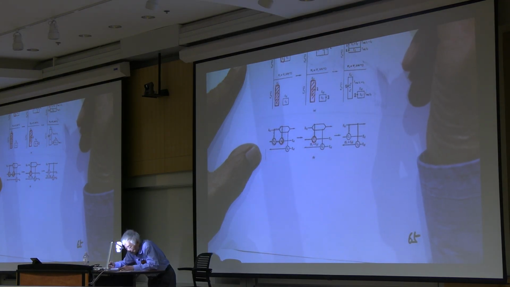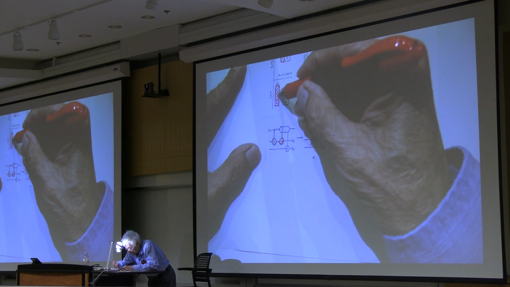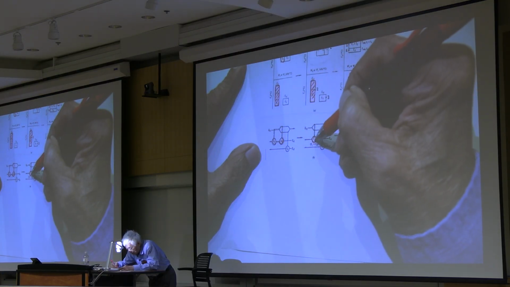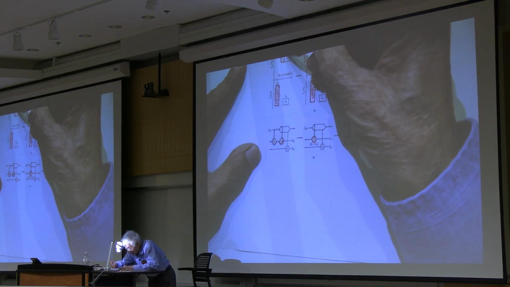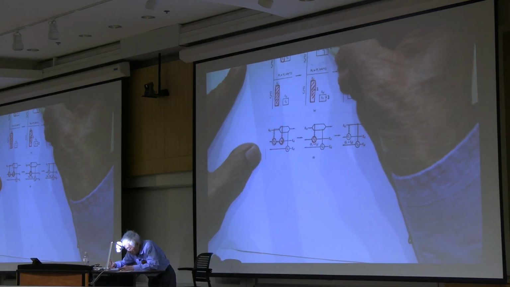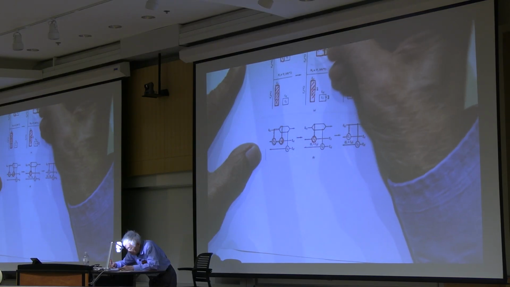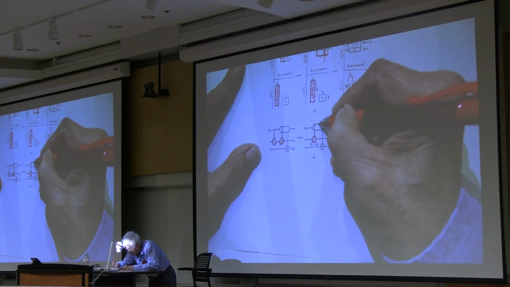Minimize the number of units. On the cold side, it's easy to do. E1 plus E2, that's one block, one exchanger. On the hot side, E3 is one block. E1 plus E2, we split it. Okay? That's why you have to split.